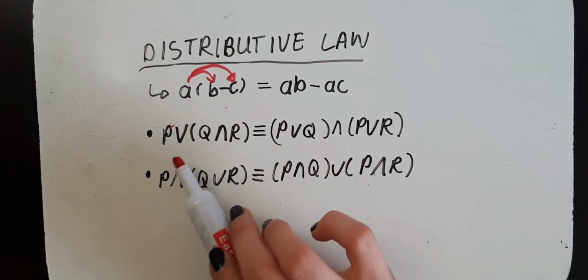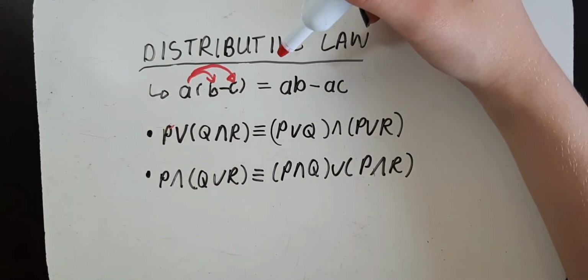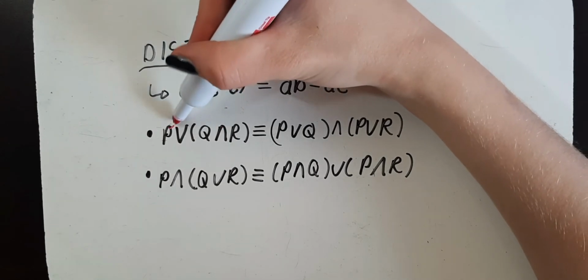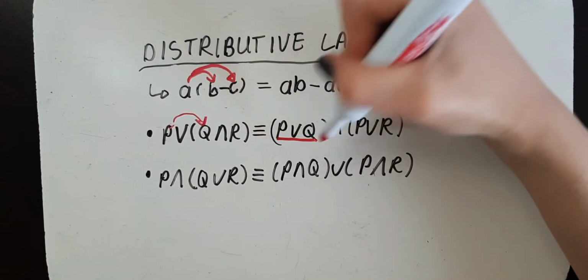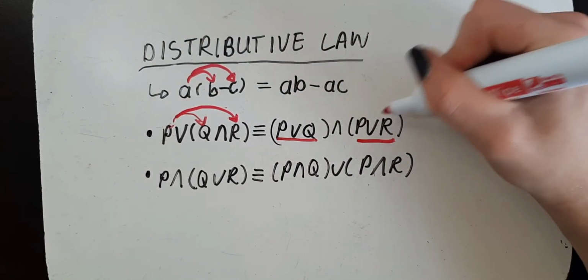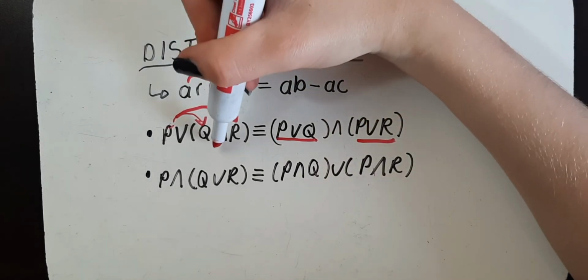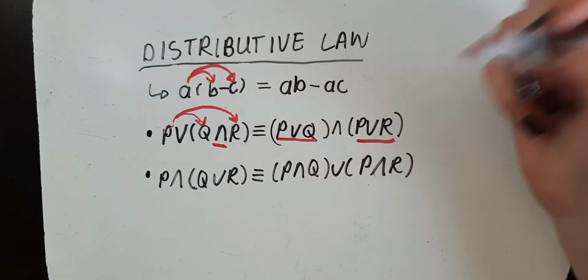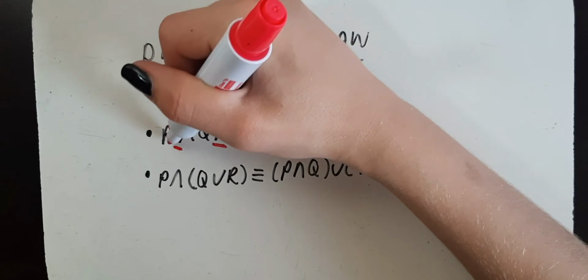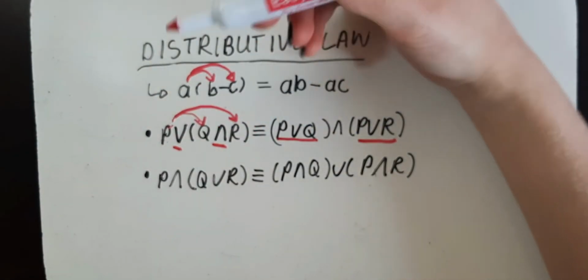Let's look at P or, in brackets, Q and R. So we can multiply, although it's not really multiplying, the P with the Q, and then we have P or Q. And then we can have the P or the R. And in the middle, we have to connect them. And this will be the symbol in the bracket. So this AND will be multiplied in with the Q and the R.